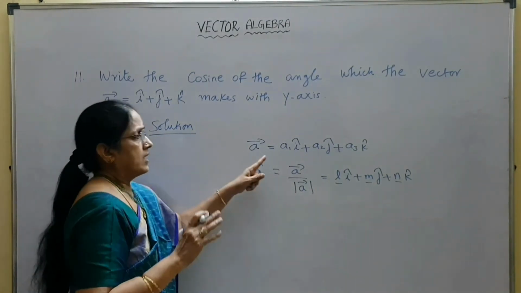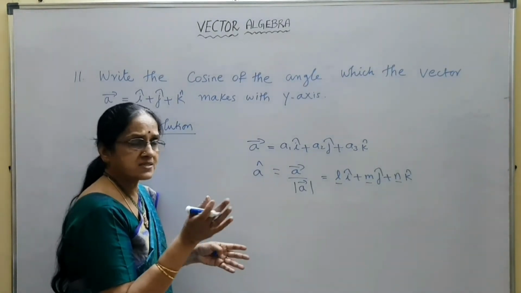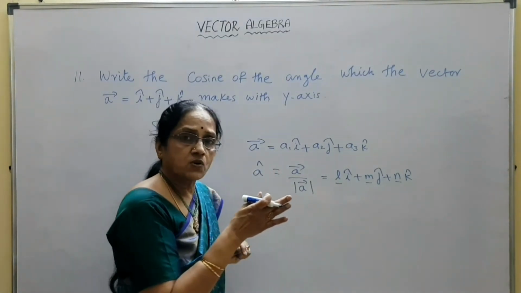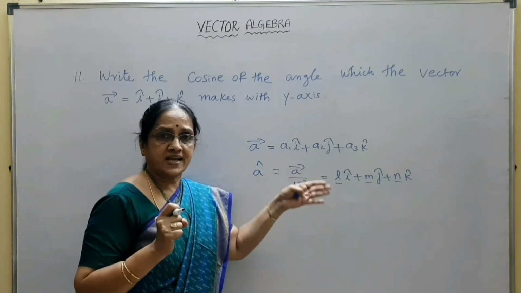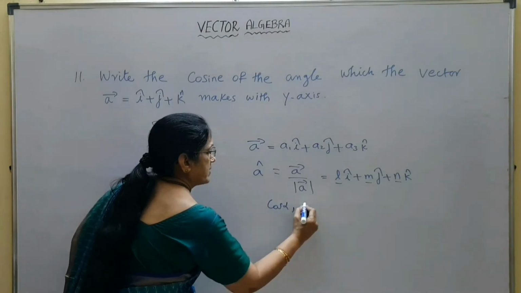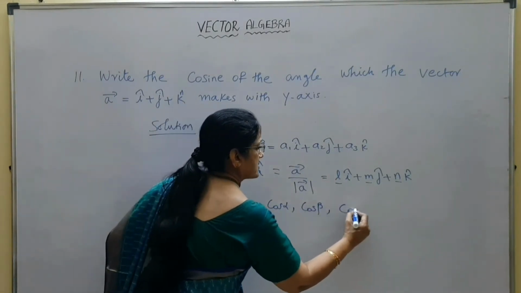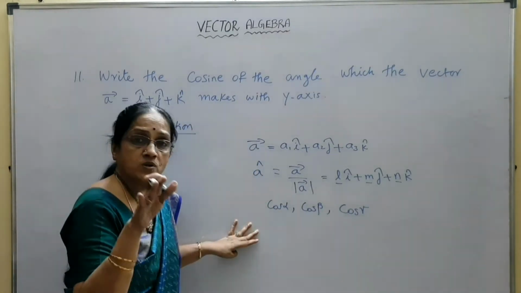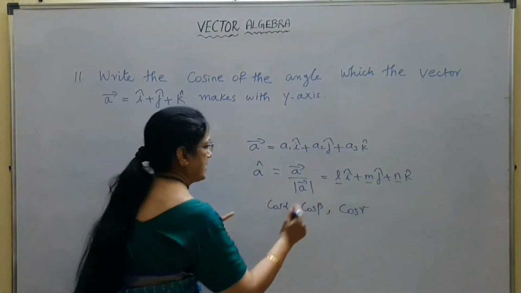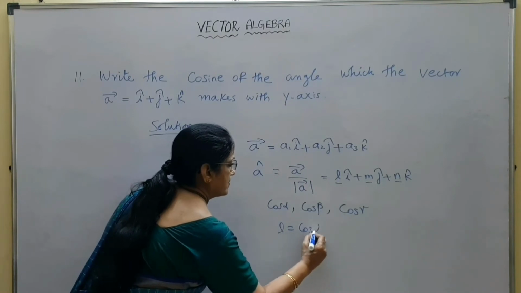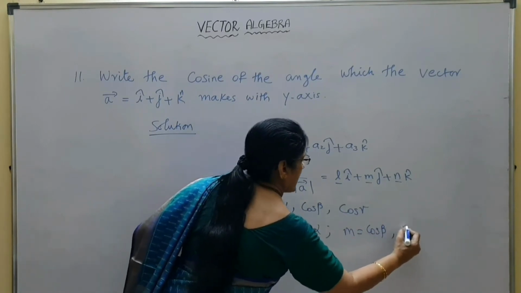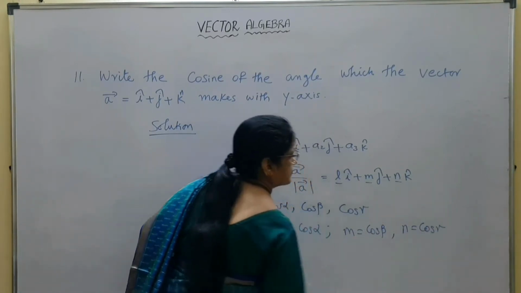Now, if alpha, beta, gamma are the angles made by the vector A in the positive direction of the coordinate axis, that is x-axis, y-axis, z-axis respectively, then cos alpha, cos beta and cos gamma are the direction cosines of the vector A. That is, your L is nothing but cos alpha, M is nothing but cos beta and N is nothing but cos gamma.